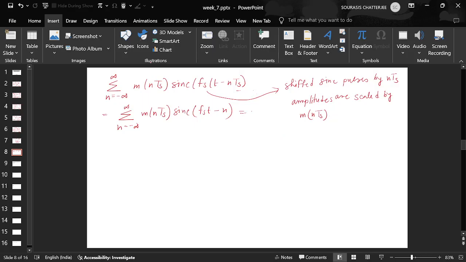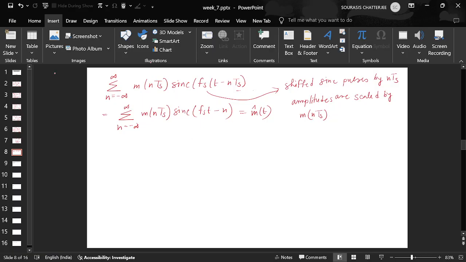So actually your reconstructed signal, which I'll denote as m hat t, is a summation of infinite number of shifted and amplitude modulated sinc pulses.